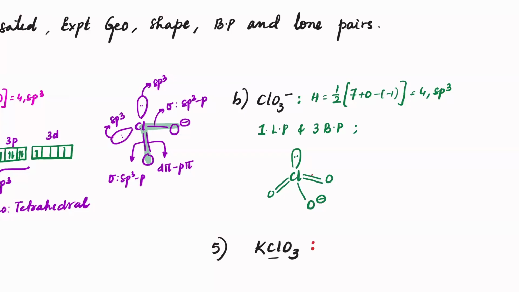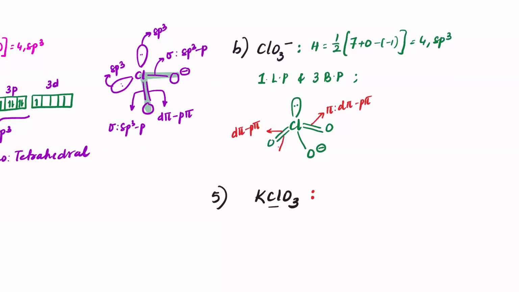So check, this pi bond is between d pi and p pi. Same goes here, d pi and p pi, and this is sigma bond. Got it? This sigma bond is between sp3 and p. In fact, all of these sigma bonds are sp3 and p, and the lone pair is in sp3.